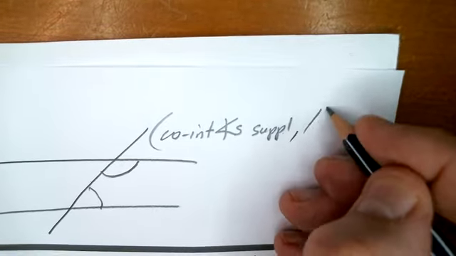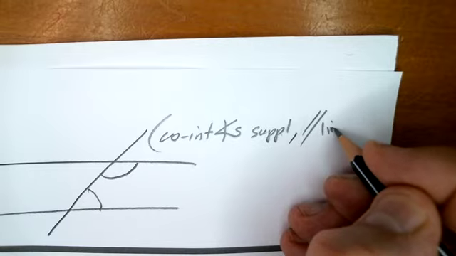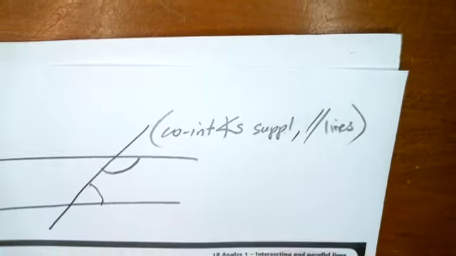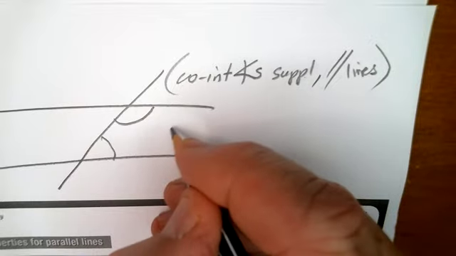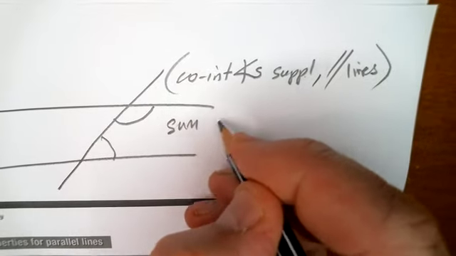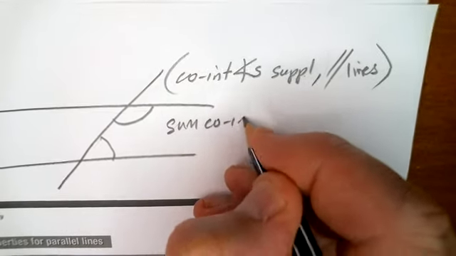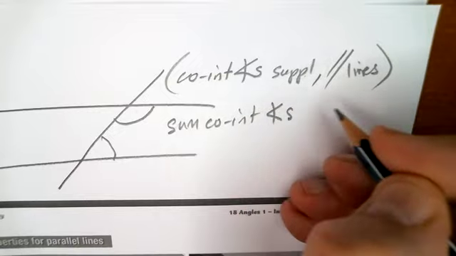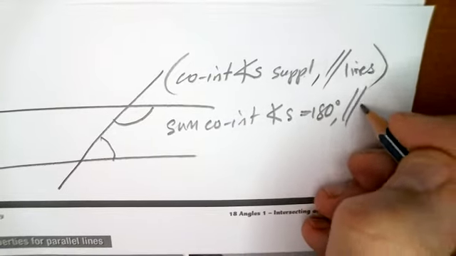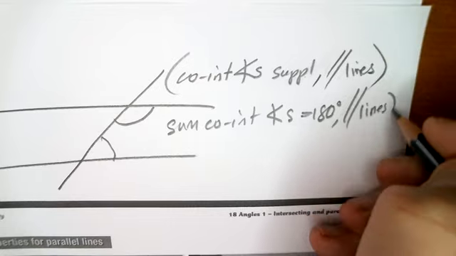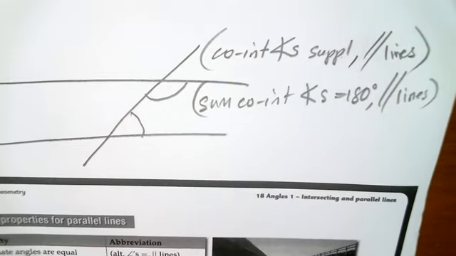Comma, parallel lines. There it is. You could also say angle sum, yeah? Sum of co-int angles equal 180 degrees, comma, parallel lines. Anything there would be useful.